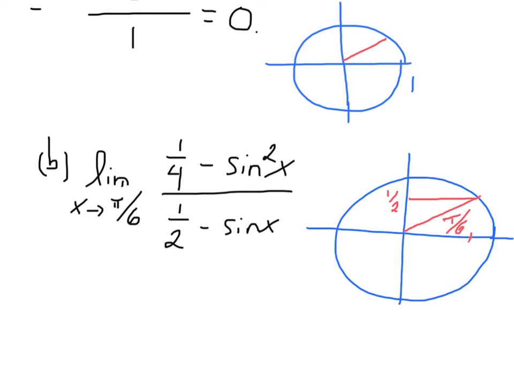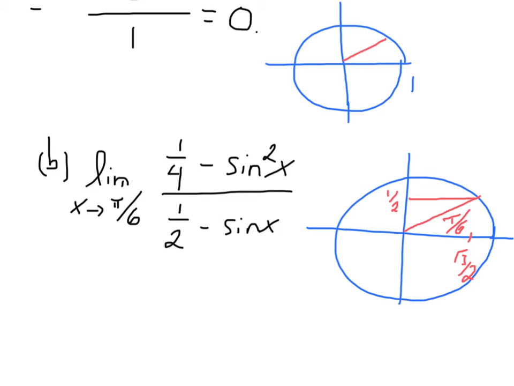Cosine of pi by 6 is root 3 over 2. So that is the y-coordinate at angle pi by 6. Sine of pi by 6 is 1/2, and the x-coordinate at angle pi by 6 on the unit circle, just to say the cosine of pi by 6, is root 3 over 2.